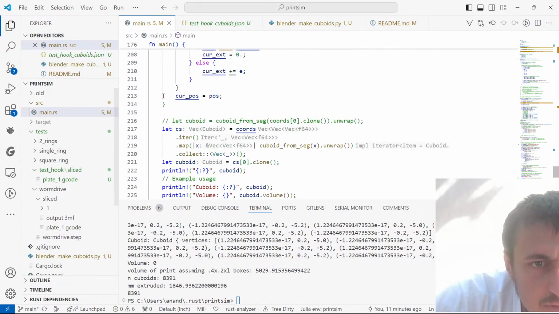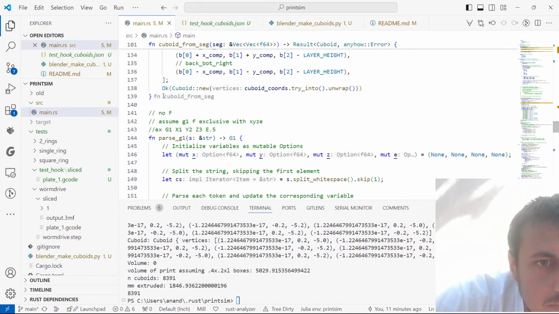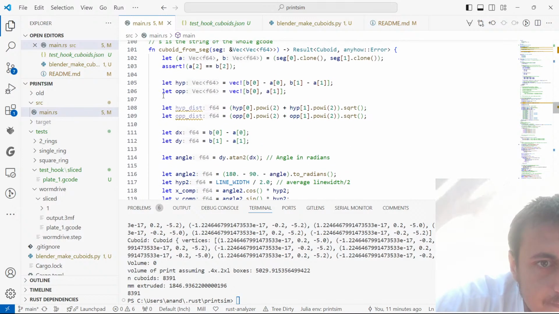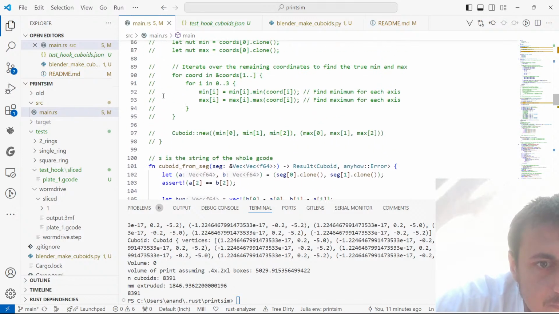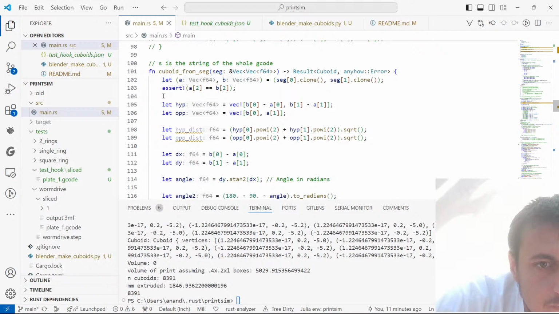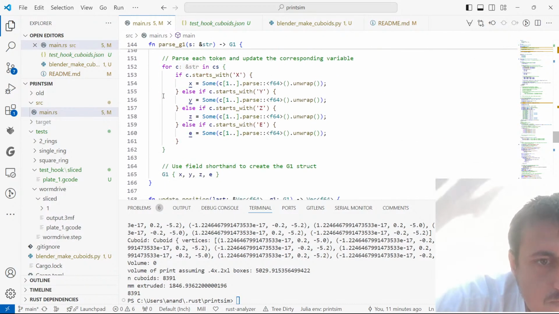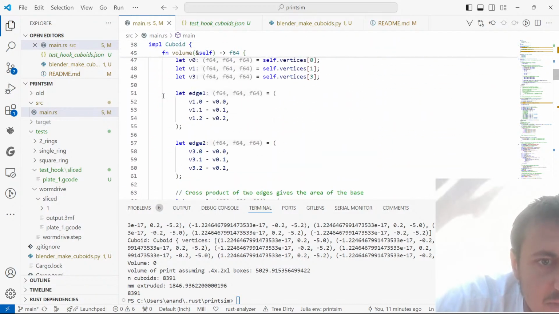Okay, the rest of the code is wrong. I think it's just in the parsing.